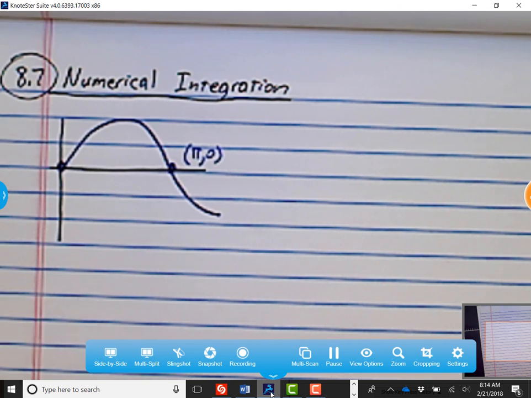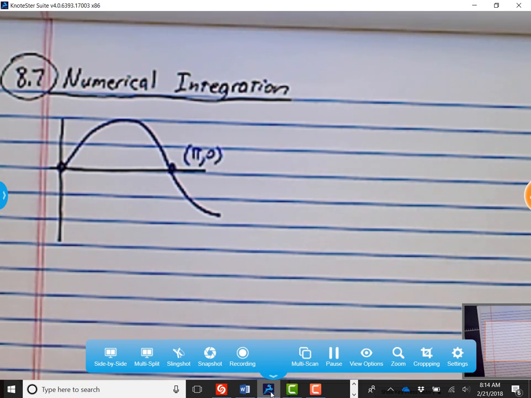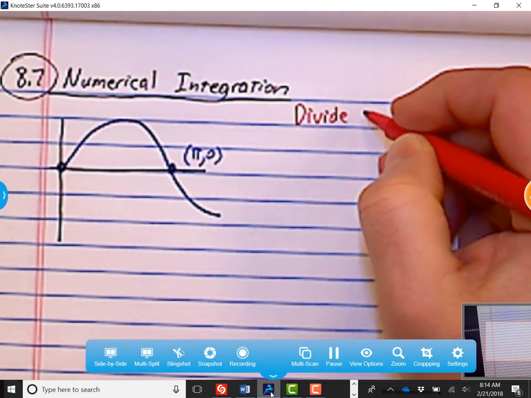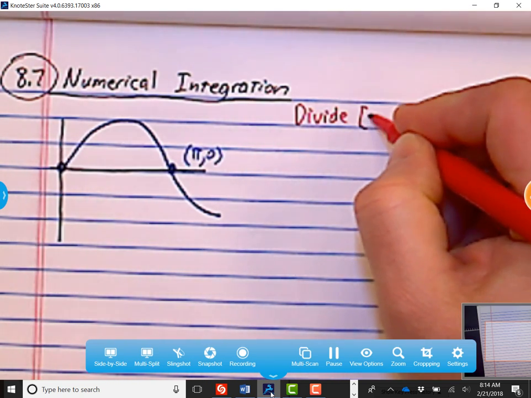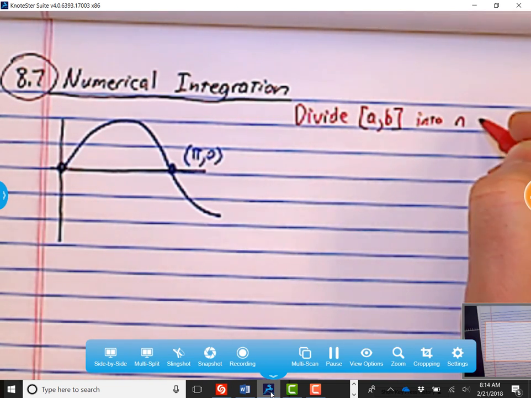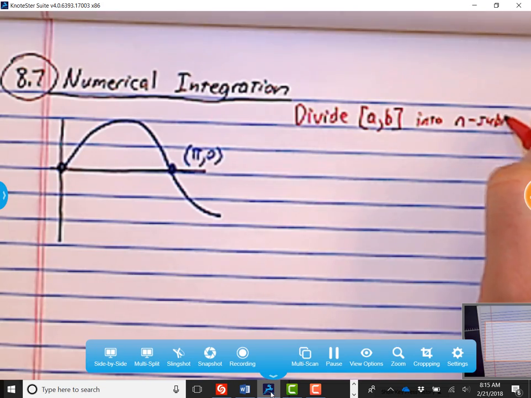But how do we do integration? It's the limit of what? An integral is the limit of a Riemann sum. That's right. And you're adding up a bunch of rectangles, really. Okay? So what's the process? This is the first day of Calc 1. What we do is we divide [a, b] into n subintervals.